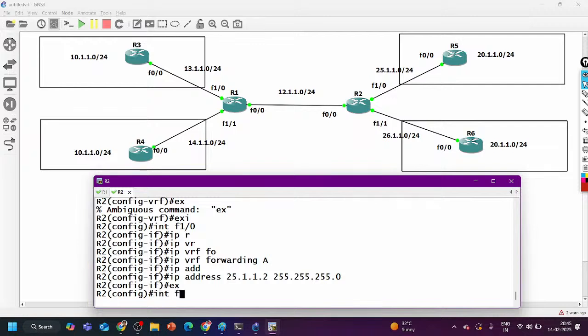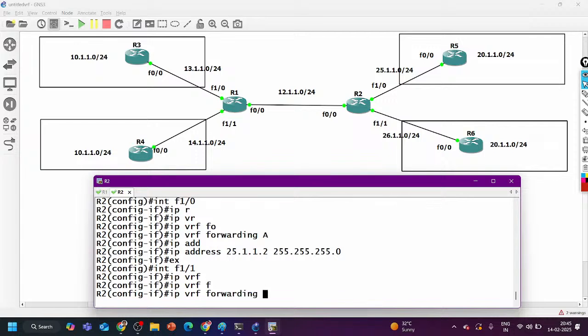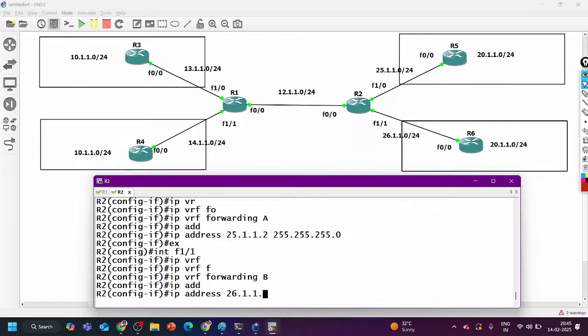Exit. Interface f1/1, ip vrf forwarding B, ip address 26.1.2.x 255.255.255.0.